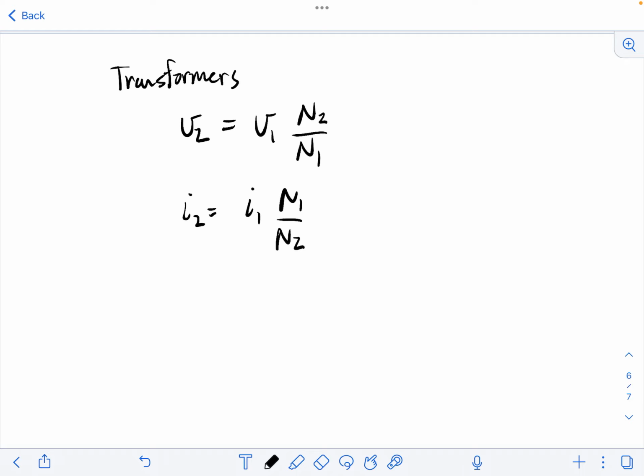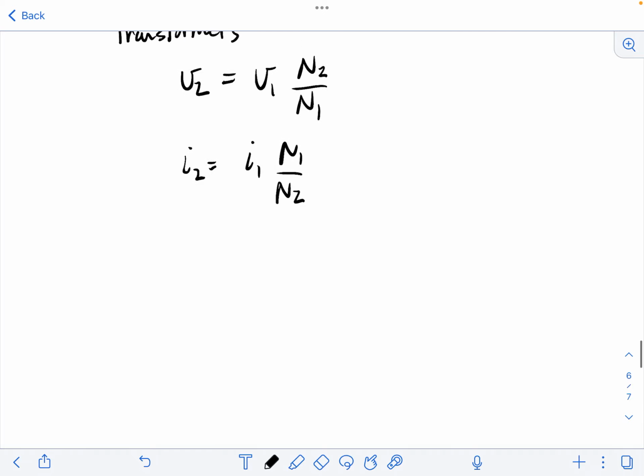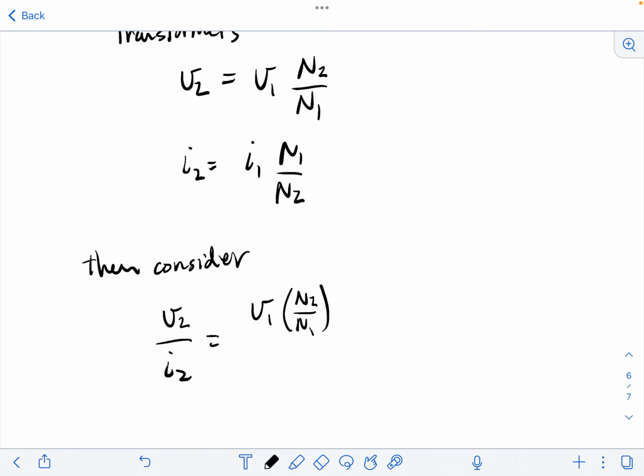Okay, so let's not multiply them. Let's take their ratio. So let's then consider V2 over I2, which is going to be V1 times N2 over N1, divided by I1 times N1 over N2, which is V1 over I1 times N2 over N1 squared.